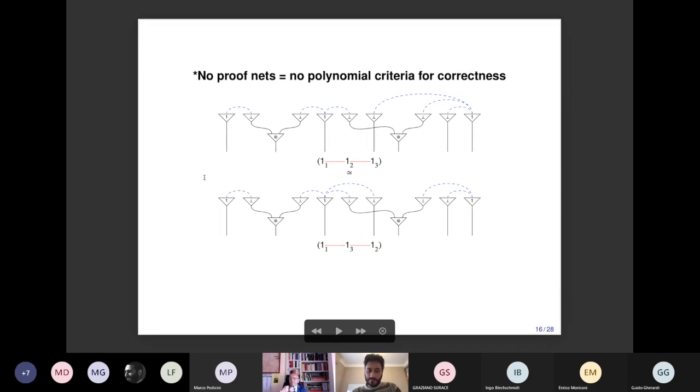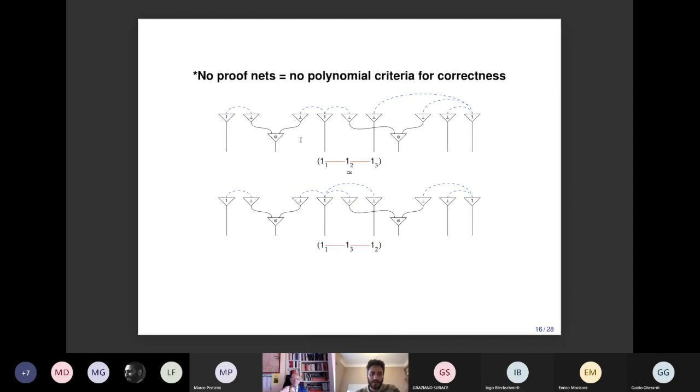So we can say that proof nets work, but in general we have no approaches which work better when we have units, or more.